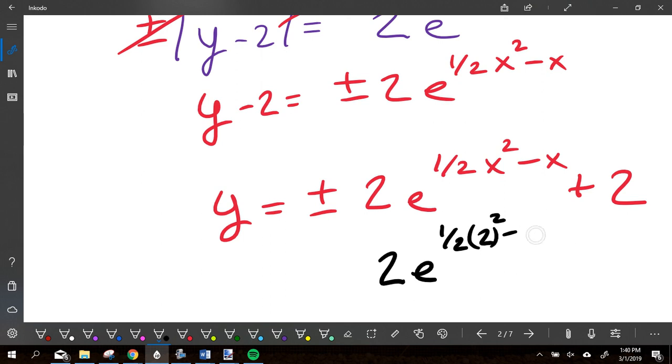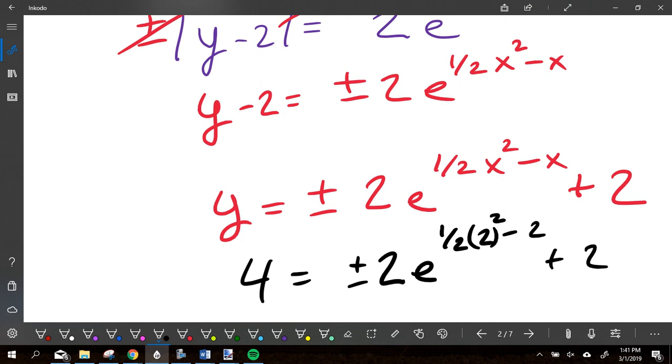If I plugged in 2 here, I need it to become 4. 2 squared is 4. 4 cut in half is 2. 2 minus 2 is 0. E to the 0 power would get me 1.